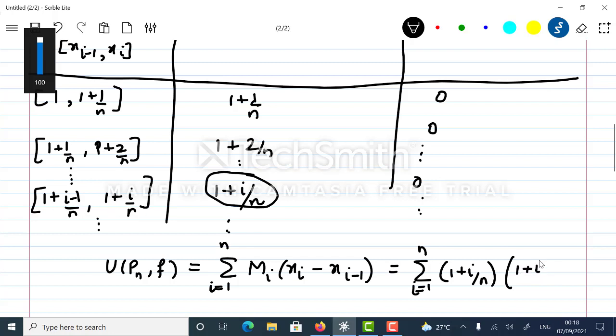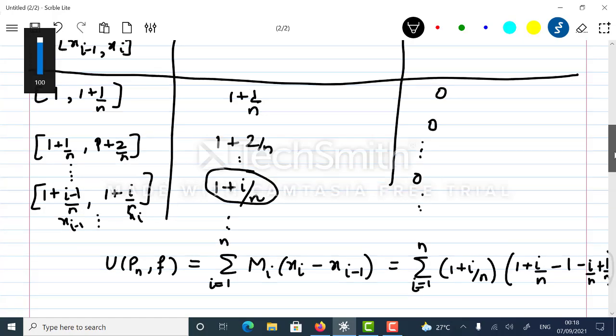So 1 plus i by n is xi, minus xi minus 1, which is 1 plus (i minus 1) by n. Taking the minus sign out, plus 1 minus 1 will get cancelled, i by n minus i by n will get cancelled, so only 1 by n will survive.